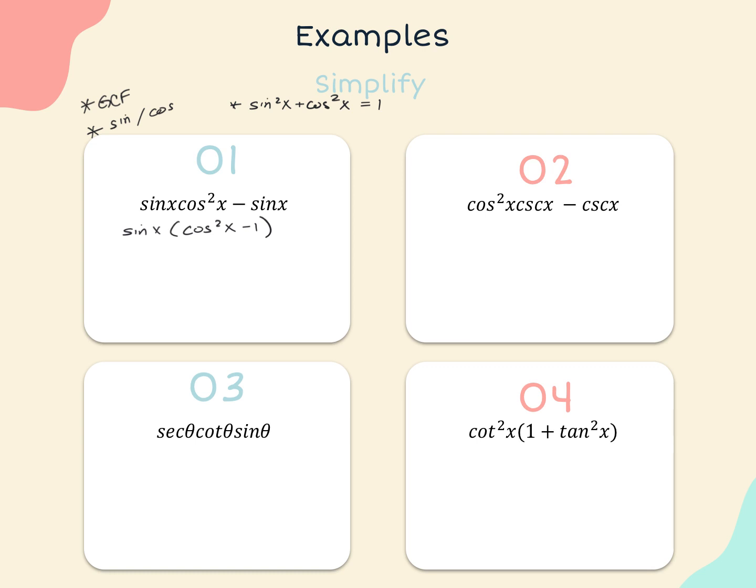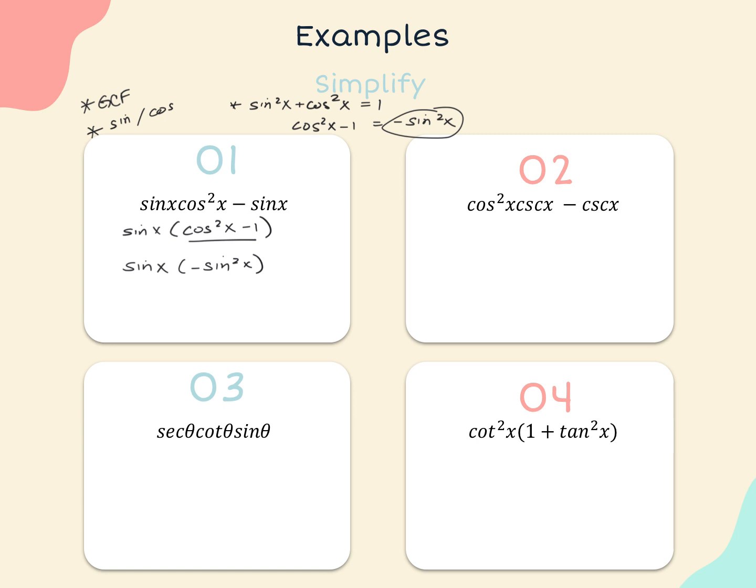And I recognize that if I just move things around, I can get this to that. For example, let's say I keep the cosine squared x on the left, I move the 1 over to this side, and I move the sine squared to the other side. I realize that this parentheses, cosine squared x minus 1, is equal to minus sine squared x.